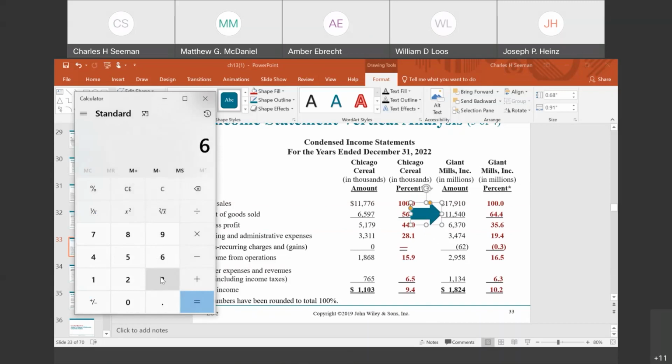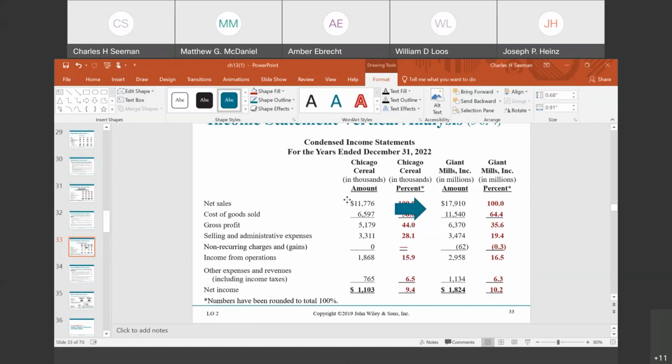So if you add 6,370 to the 11,540, you're going to get the 17,910. And subsequently, if you add the 5,179 to the 6,597, you're going to get 11,776.